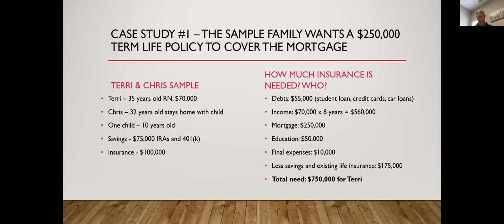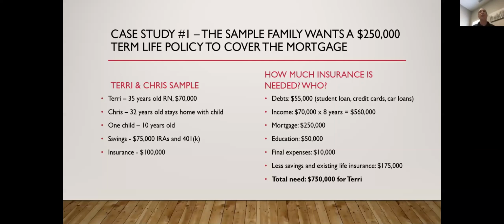So you have a $750,000 policy. That's actually 3 times what they initially requested. So you can see from the previous slide that it comes out to a lot more. It does. It comes out to a lot more in a case like this, because we're doing more than just paying off their mortgage. It's great that they would have a free and clear house, but think about it.